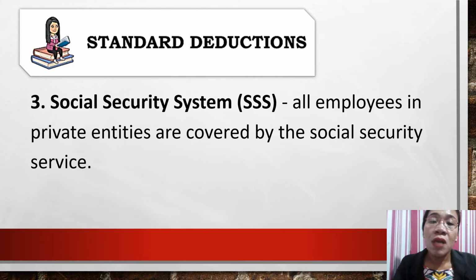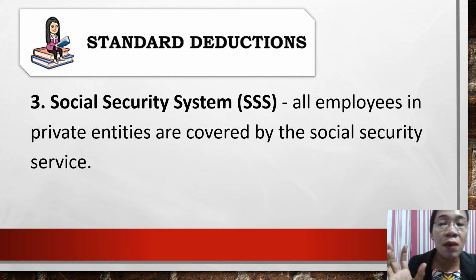So, ganun yun. So, the current SSS contribution rate is 12% of the monthly salary credit, not exceeding 20,000, and this is being shared by the employer, which is 8% from the employer and 4% for the employee. Kumbaga sa 12%, 8% yung amo yung magbabayad at yung 4% ikaw yung worker.